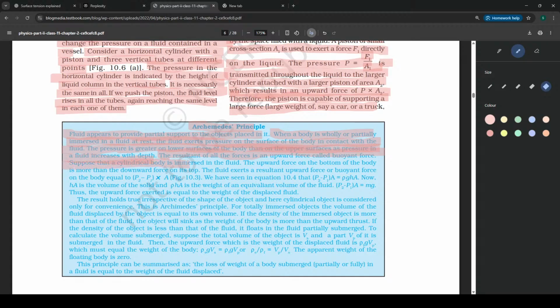A cylinder is immersed in the fluid. The upward force on the bottom of the body is more than the downward force on its top.